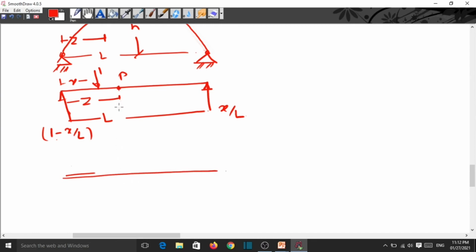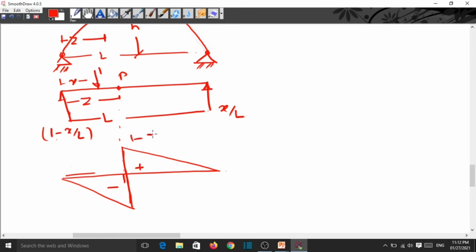At this point P, draw the vertical line where we want the ILD for the shear force. Again this is the minus and this is the plus.